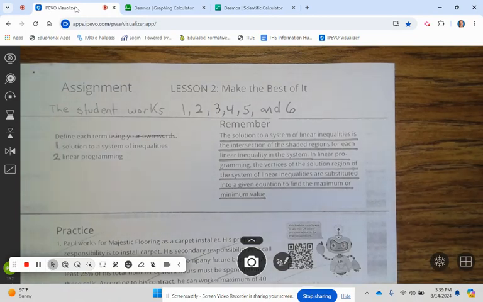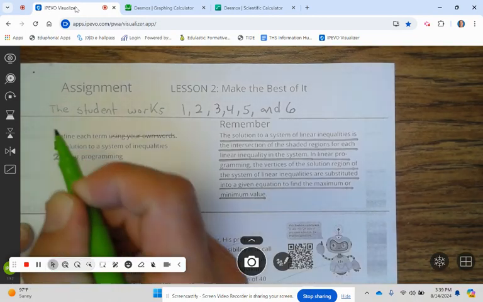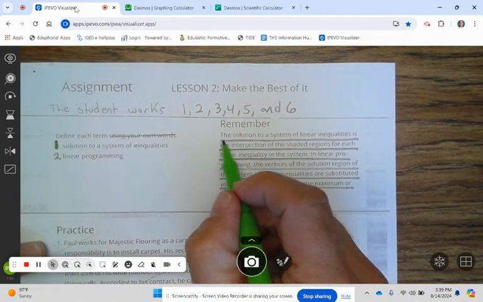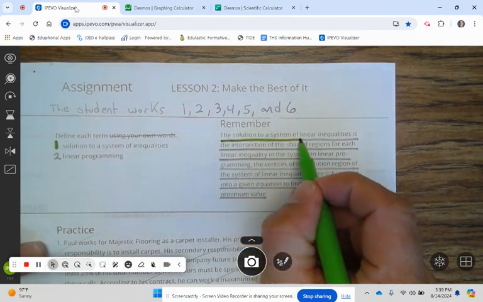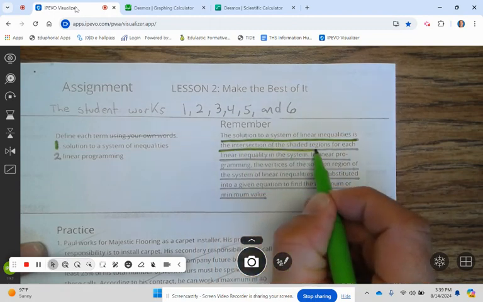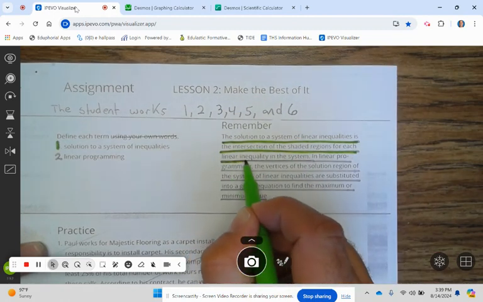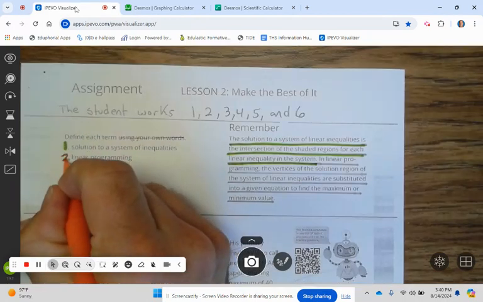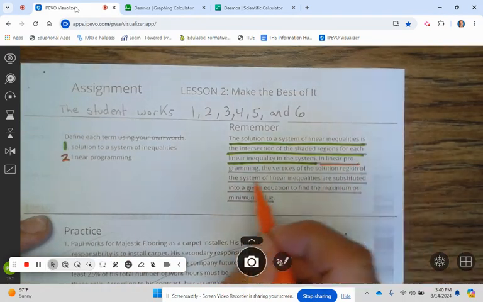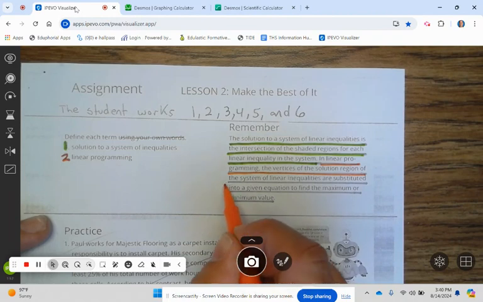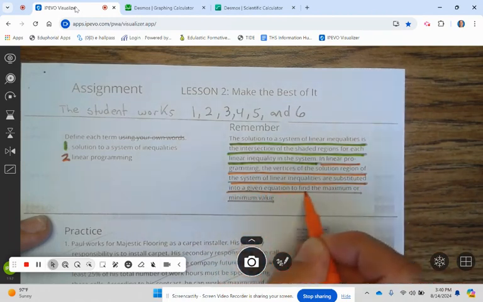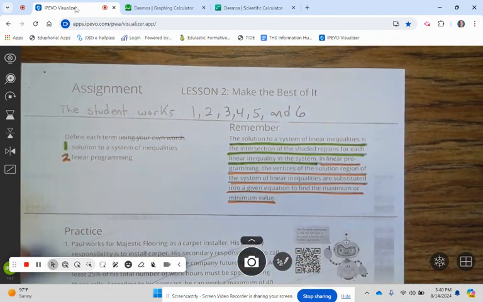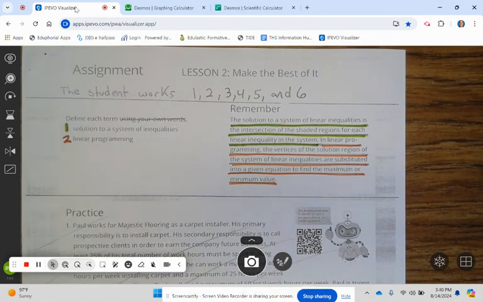And to help you out on number 1, I'm going to kind of color coordinate some of the information. So this should help you answer the question in Edge Elastic, or pair assessment, whatever they call it now.